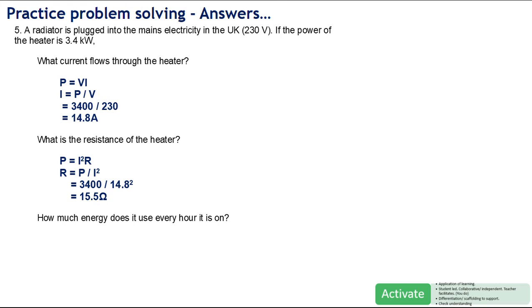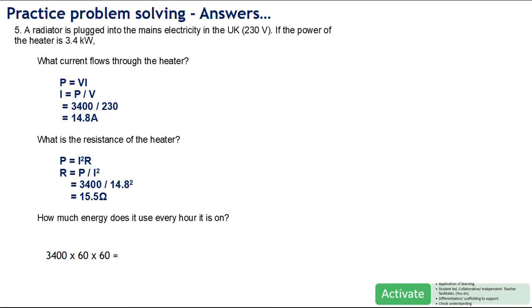Insert, and let's insert a text box. So how much energy does it use per hour? Well, it uses 3,400 joules per second, times by an hour, 60 seconds times by 60 minutes, which equals that.